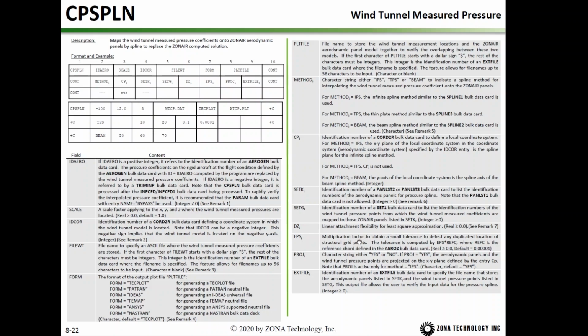EPS defines a very small tolerance. The tolerance is computed by EPS times the REFC, where REFC is the reference chord defined in the AEROZ card. Because the spline method does not allow two pressure points located too close, if they are located within this tolerance, it is a fatal error.